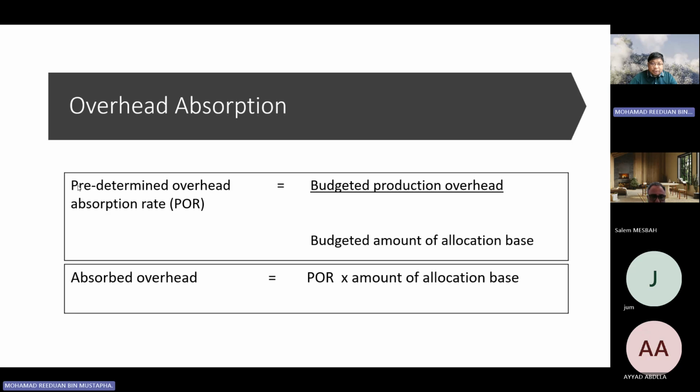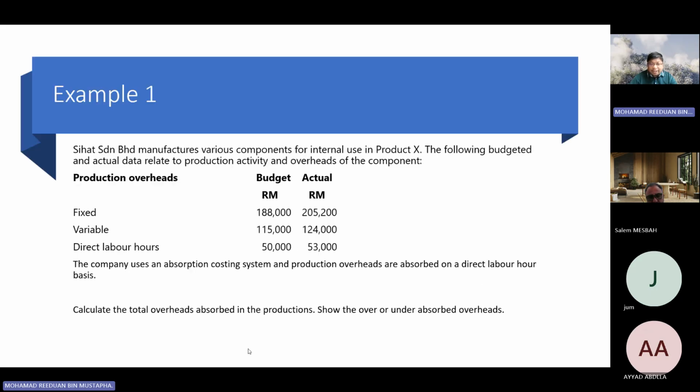The predetermined overhead absorption rate is budgeted production overhead over the budgeted amount of the allocation basis. In order to get the absorbed overhead, it is the predetermined overhead rate times the amount of the allocation basis. So the question asks you to calculate the total overhead absorbed in the production, and show the over or under absorbed overhead. They ask you to calculate, and because the comparison is given, then you need to calculate those.